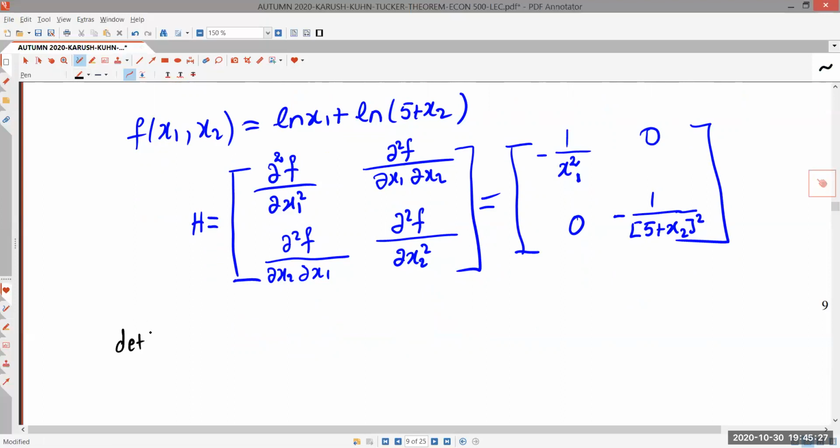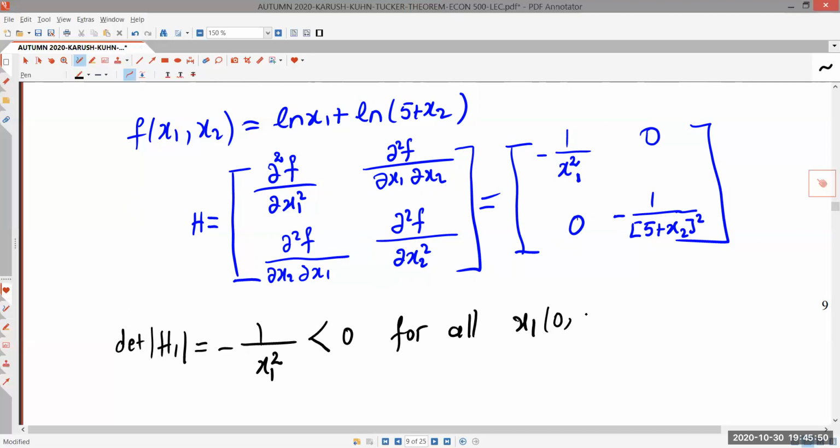Assume that this is the first principal minor, which is -1 over x1 square. And we know that this is less than 0 for all x1, basically, which is between 0 and infinity. And then here, let x2 change anywhere.